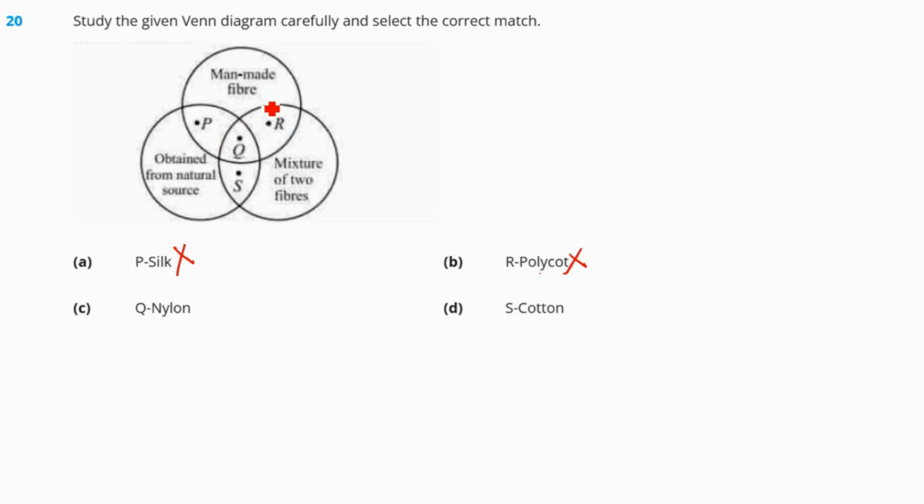It is a man-made fiber obtained from natural sources and mixture of two fibers. Nylon. This is correct. S is these two, mixture of two fibers obtained from natural source. Cotton. Cotton is not a mixture. So this is also wrong. So our correct answer is option number C.